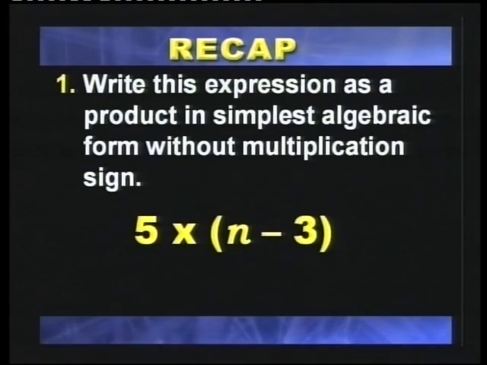Okay, you also learned something on how to simplify algebraic equations. Here on the board I have just one. Write this expression as a product in simplest algebraic form without multiplication sign: 5 times bracket n minus 3 bracket.